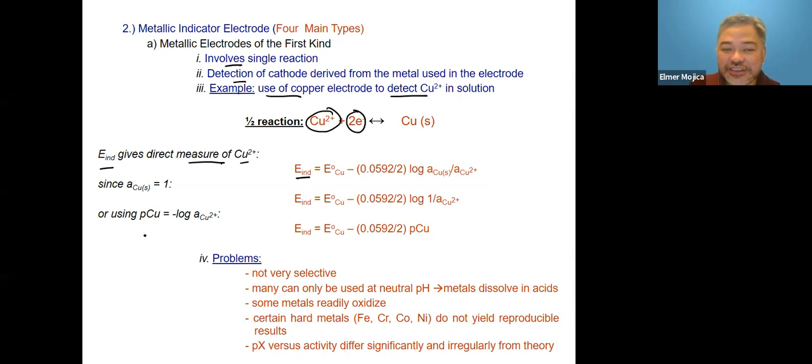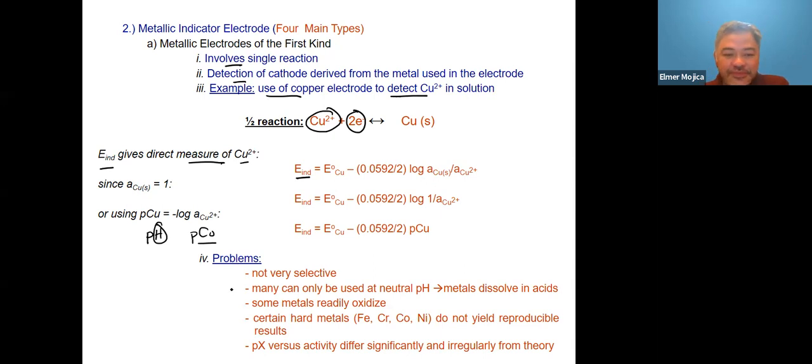So you just use this parang pH, but instead of hydrogen, you look at the species that you're looking for, which in this case is the copper. Okay? The power of the copper. So yan yung tinatawag nating first kind. So these are metallic indicator electrodes in which a metal is in contact with the solution containing its ions. So yan yung metallic electrodes of the first kind.